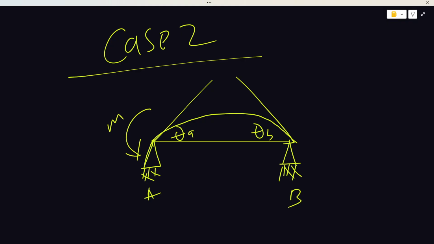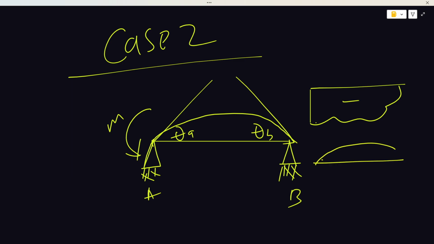Remember that a moment in this direction, if this is my bending moment, would try to pull my bending moment downwards, and if my bending moment is downwards, it means that my elastic curve, if this is my beam, is a frowning face, like this. So that's just the concept behind it.